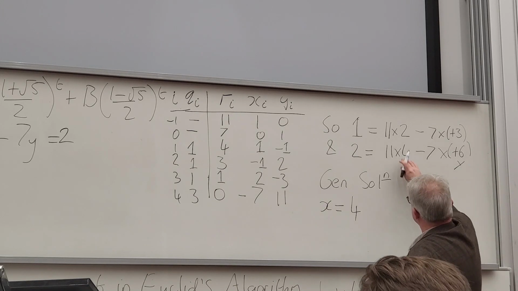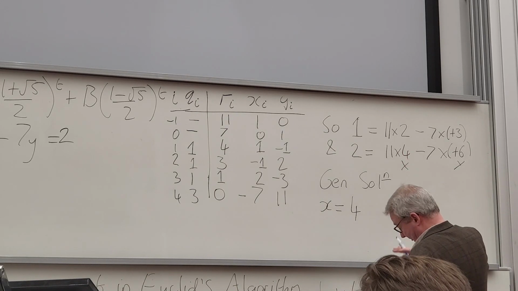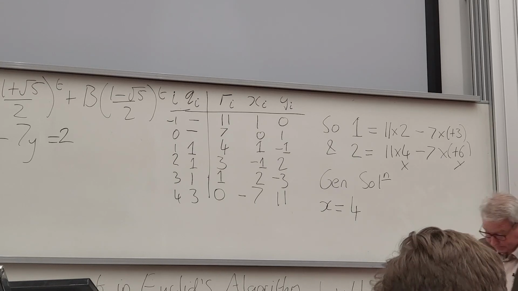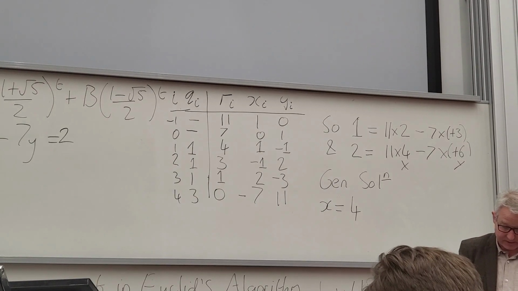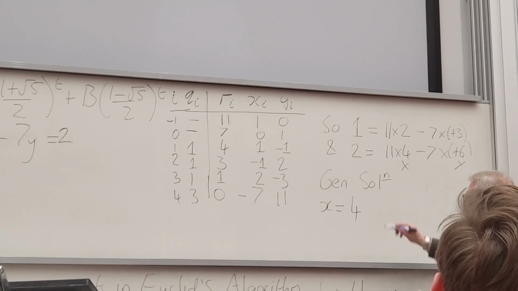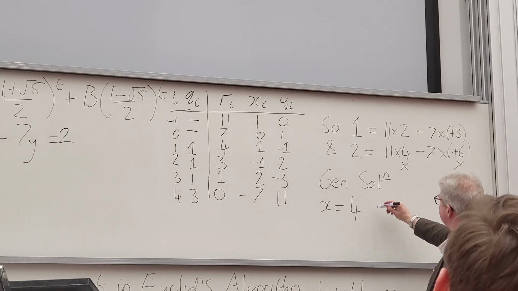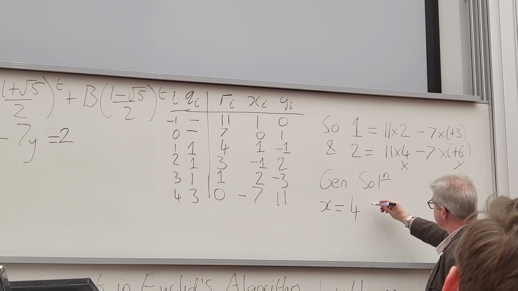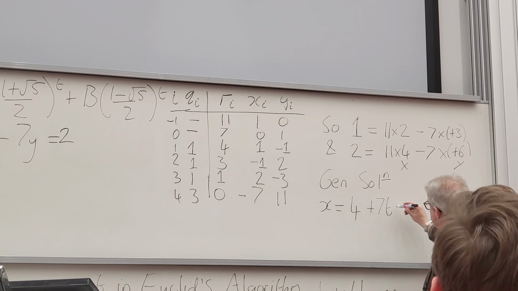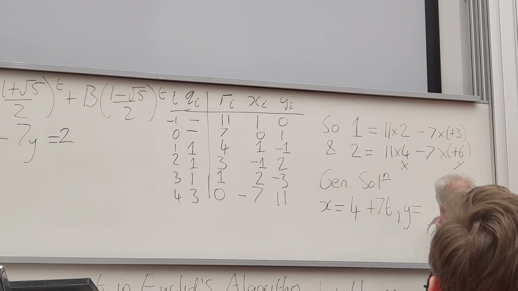And we're going to add on, no, I'm going to subtract. So the coefficient of the y is minus 7. So I'm going to subtract multiples of that, which means it goes plus. So x is 4 plus 7t, and y is 6 plus 11t.